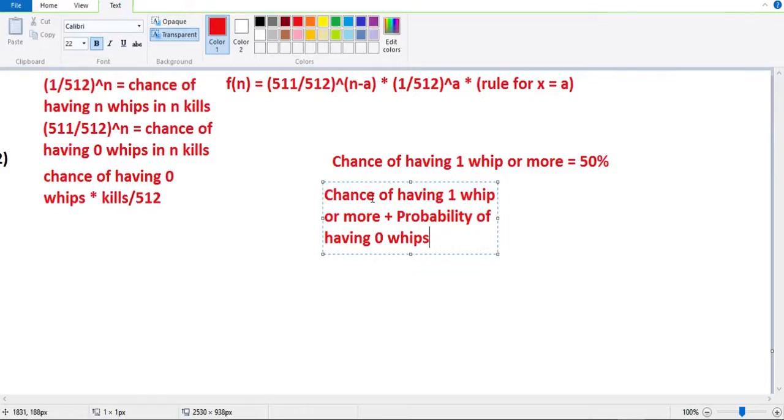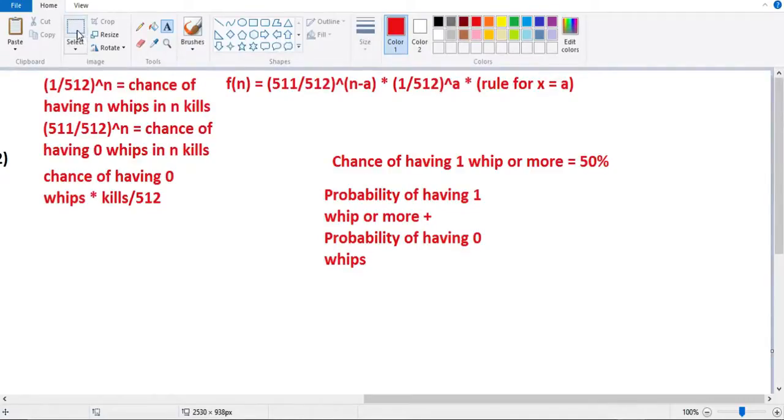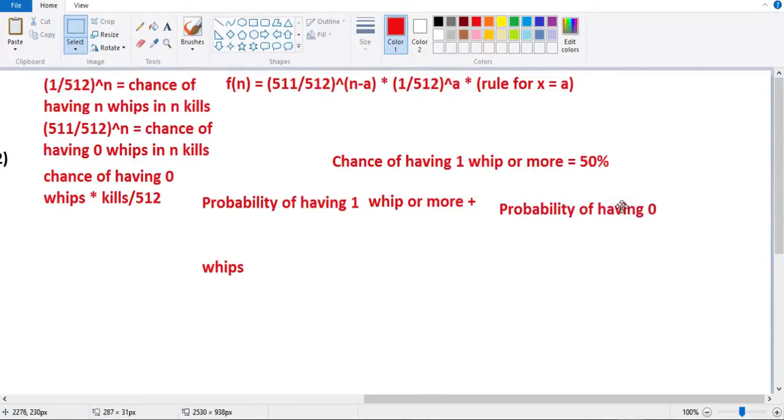I'm French, so sorry. Oh, now this looks quite bad because it's not in a line, but let me try to fix it. Okay.